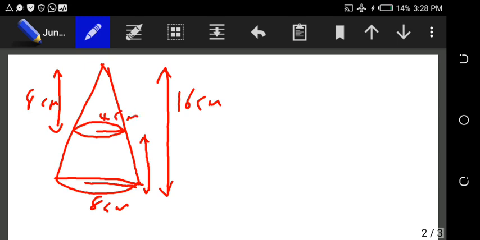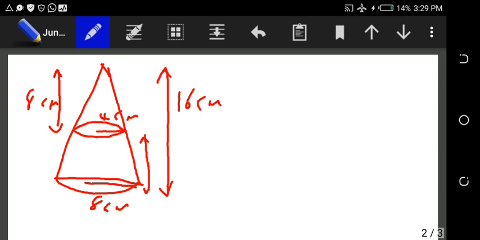Now we are expected to find the volume of the frustum. Just like we explained moments ago, in order to calculate the volume of the frustum, we have to calculate the volume of the bigger cone, which has a height of 16 cm and a radius of 8 cm, minus the volume of the smaller cone, which has a height of 8 cm and a radius of 4 cm.